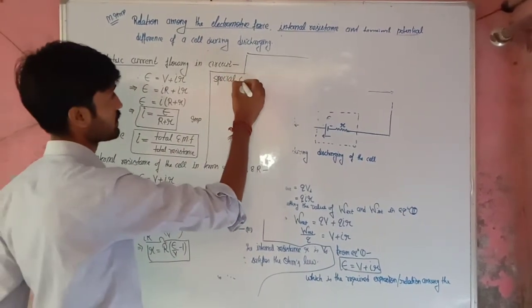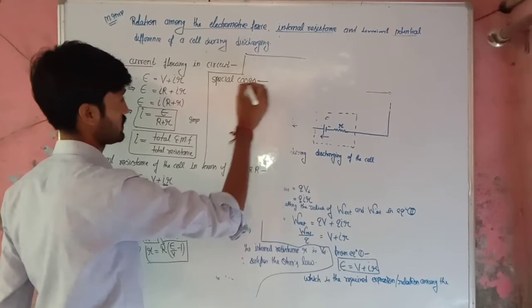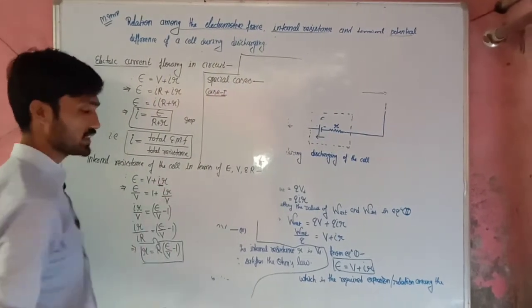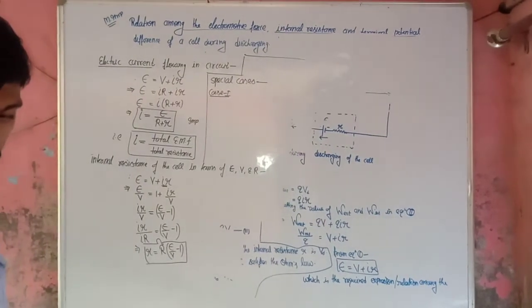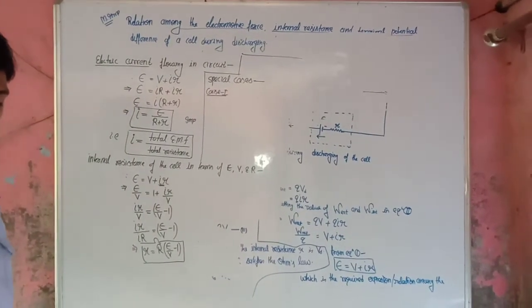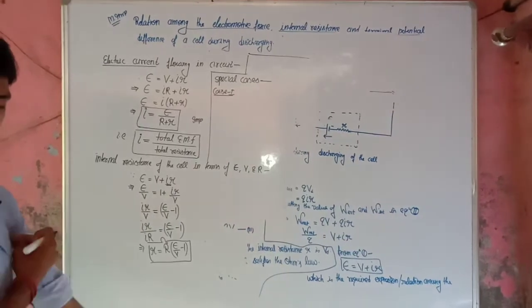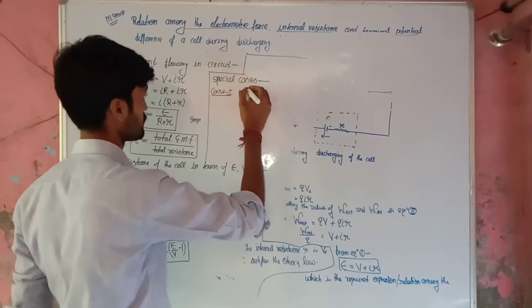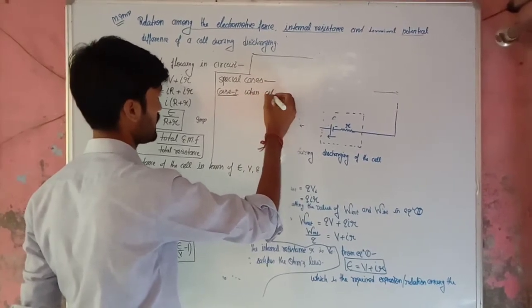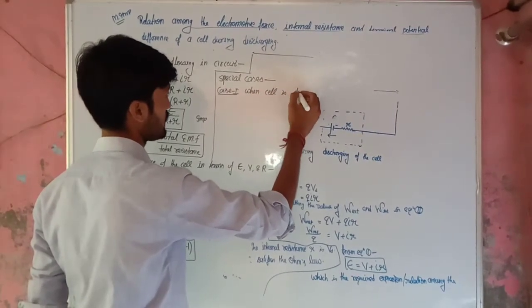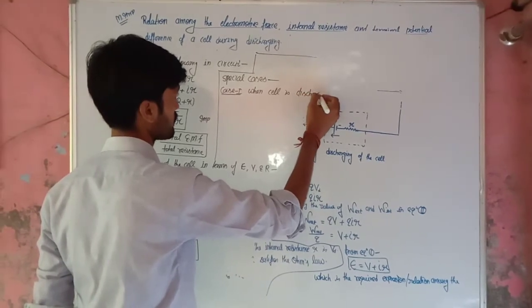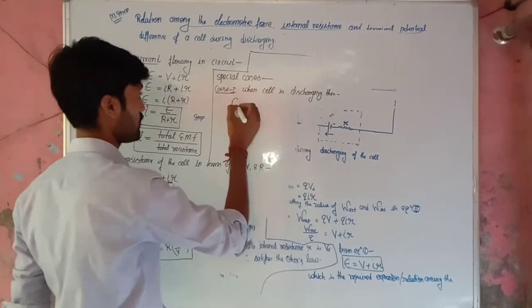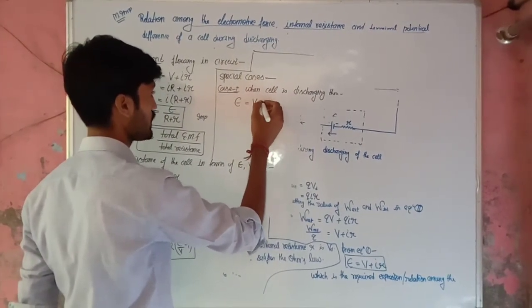This is case first, which is when the cell is discharging. When the cell is discharging, then E will be equal to V plus I r.